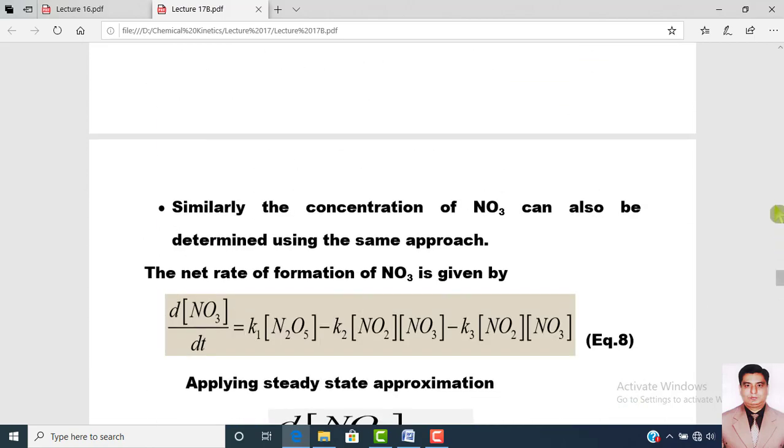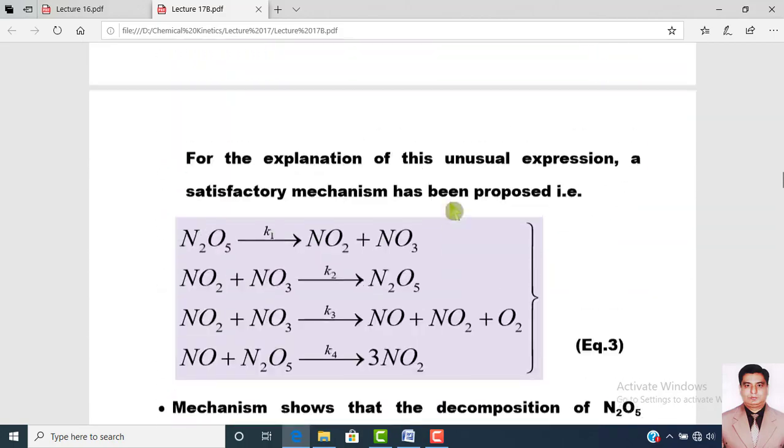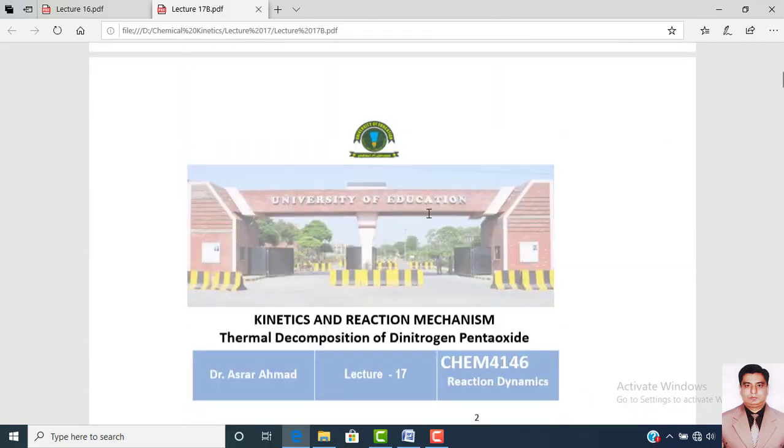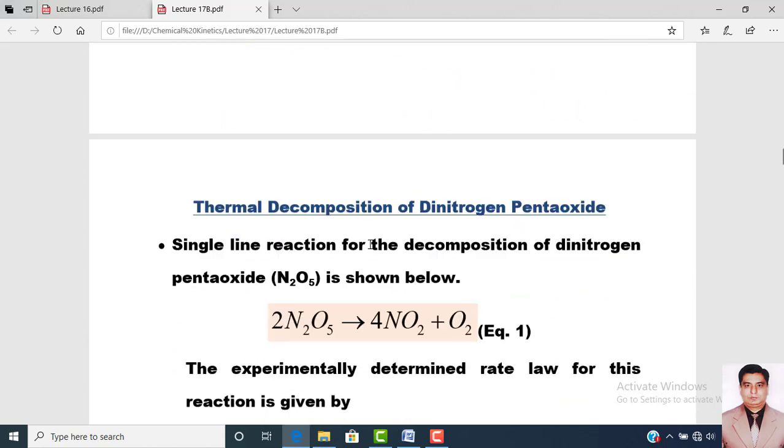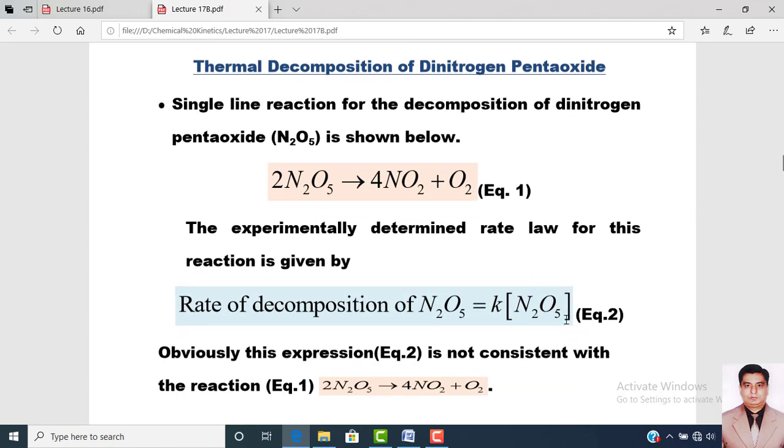So if you see this equation number 1, was this the same or different? You can have an idea from here. Is it resembling equation number 1 or equation number 2? You can have the idea that the equation number 12 that we have derived after using different mathematical steps is very much resembling equation number 2, because this is the rate of decomposition of N2O5 that is equal to K into N2O5.